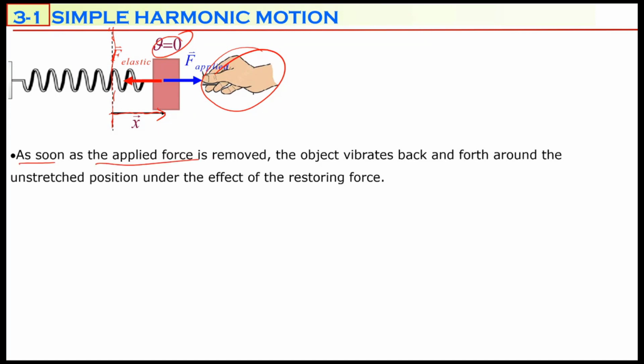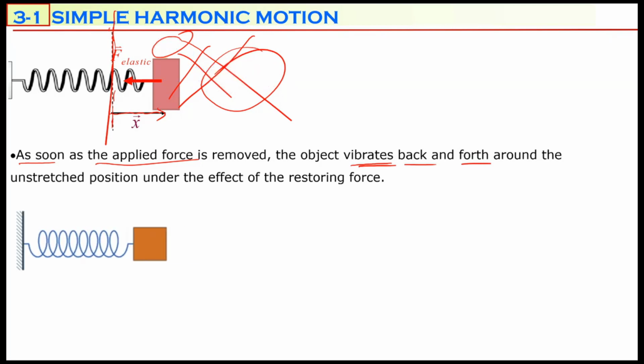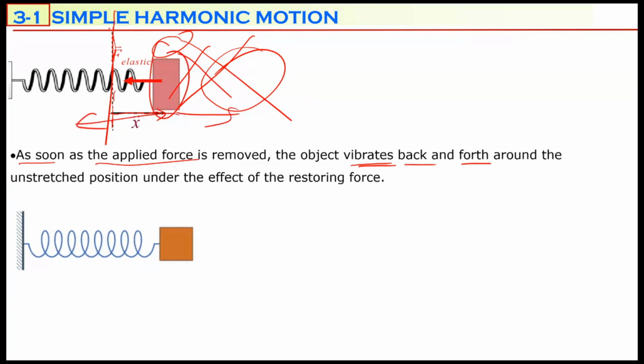As soon as the applied force is removed, if I release this object, only one force will act on this object, which is the elastic force. This elastic force, this restoring force, will cause the mass to vibrate back and forth around this unstretched position.